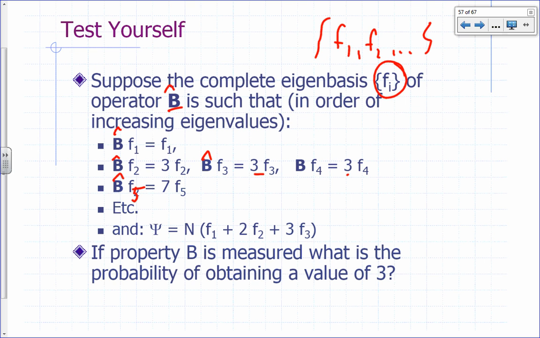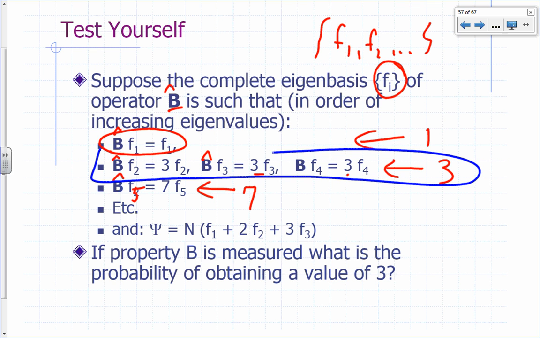What's the eigenvalue for this one? 1. What's the eigenvalue for this one? 3. And what's the eigenvalue for this one? 7. So what is the degeneracy of the second level? There are 3 linearly independent eigenfunctions that have an eigenvalue of 3.